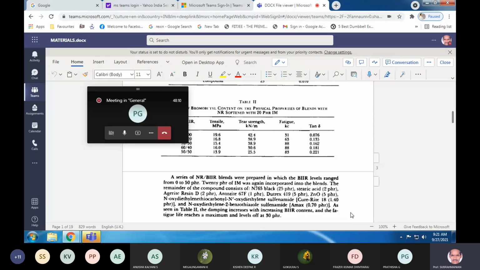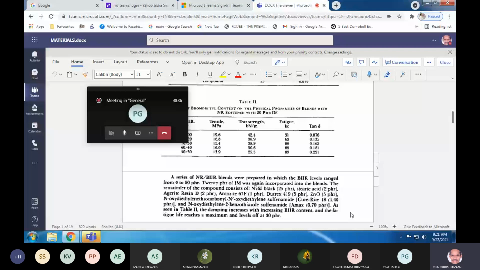And what is not listed is sulfur. Sulfur is missing. I assume the sulfur quantity is 1.5 or 2 phr. Make a note, sulfur is missing.